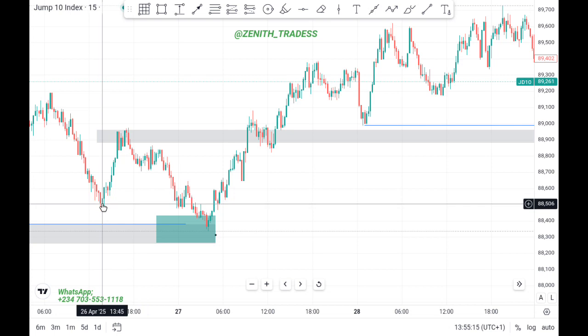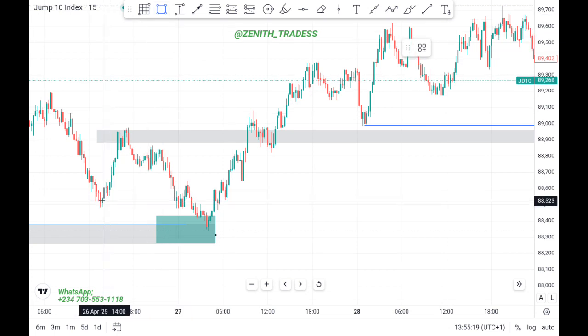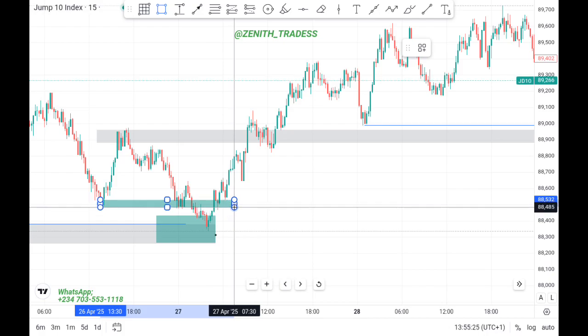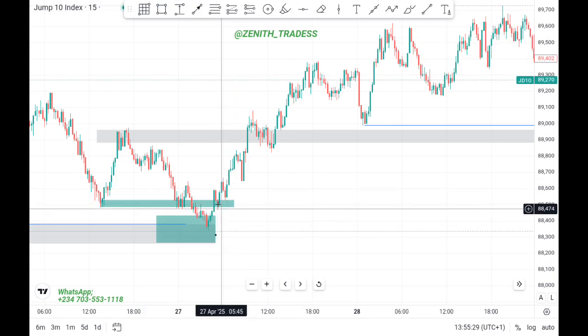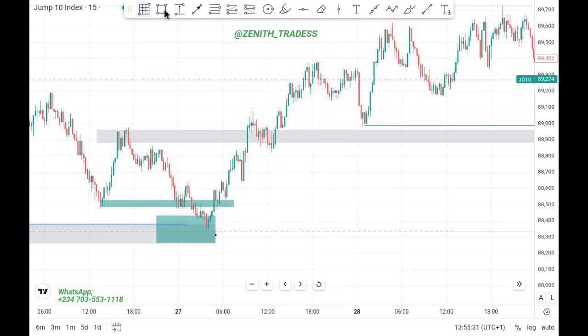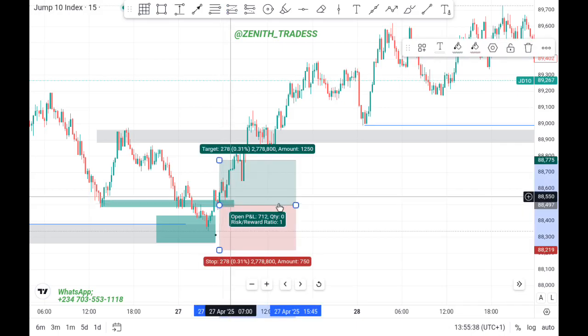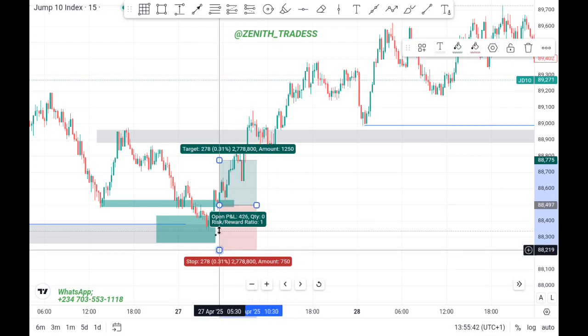We can refer to it despite the fact that it gave us little reaction, but it's still invalidated. So if you draw this block to the right, you can see that it got reclaimed. After it got reclaimed, price retested it before moving higher. So you can either trade this as a confluence with CRT on 4H, or you trade this as a reclaim block this way. I hope we can see.